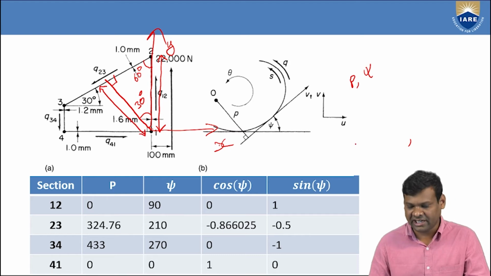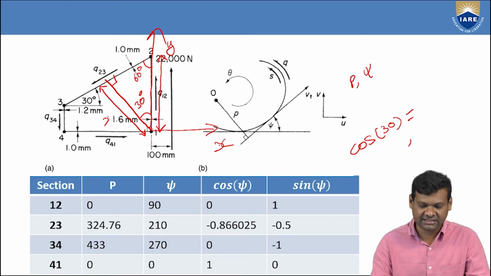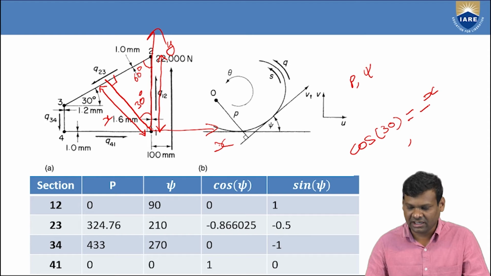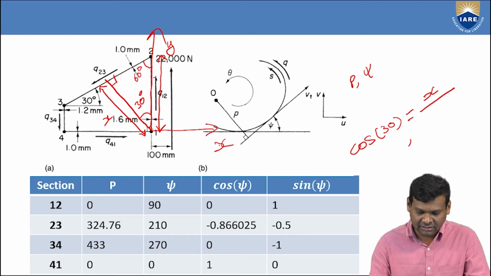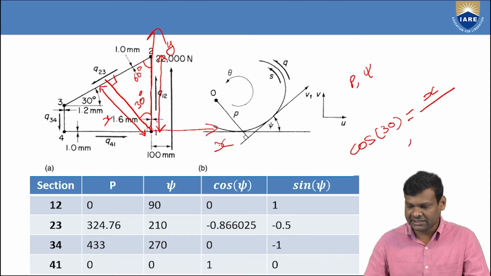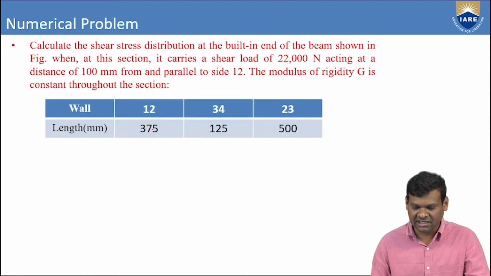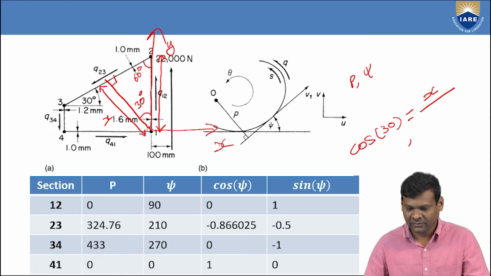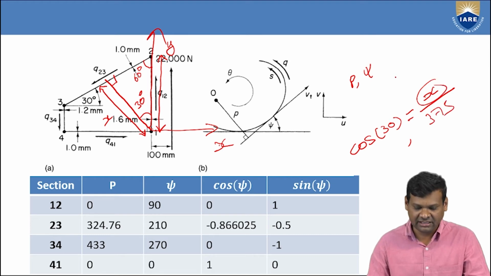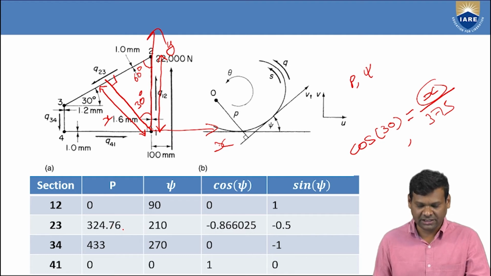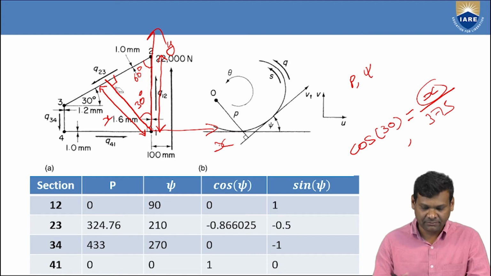By using cos 30, let us say this length is x divided by 375, the length 1, 2 given here. Ultimately, we get x as approximately 324.76.